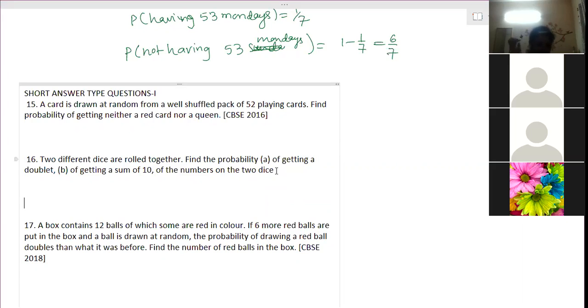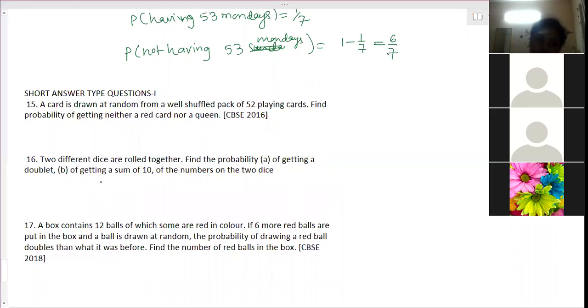Sum of 10 is 4,6; 5,5; then 6,4. That is 3 by 36. Yes, ma'am, 1 by 12.